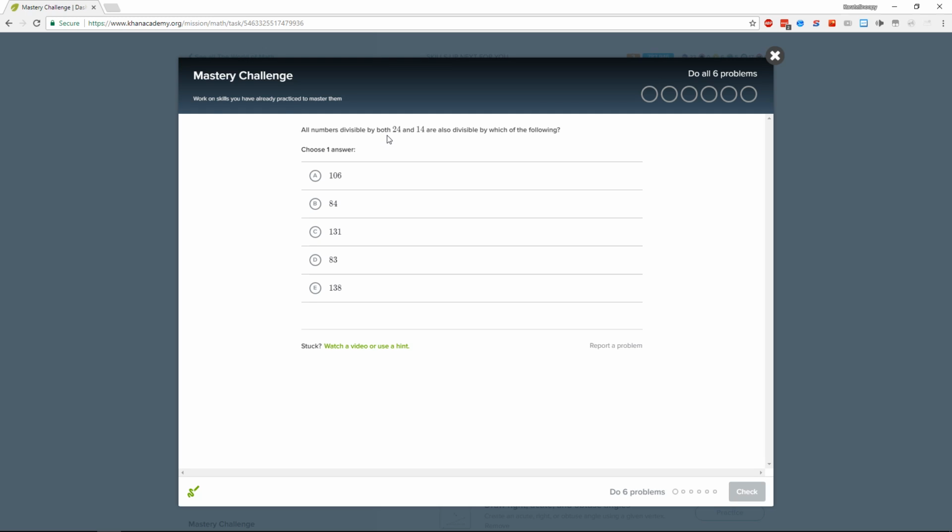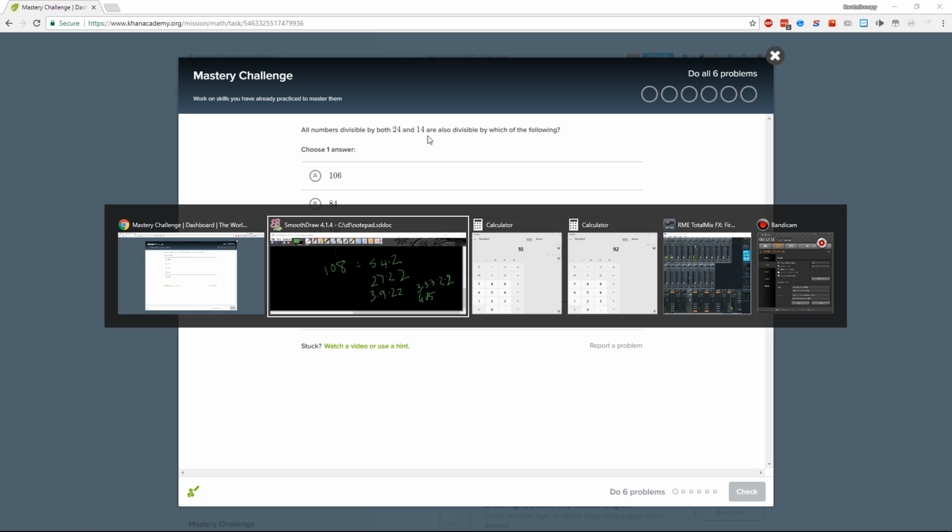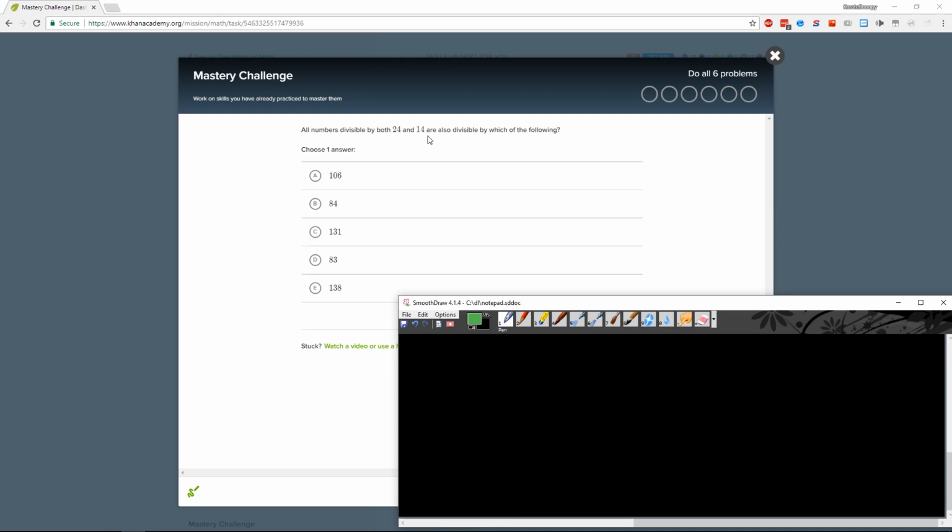All numbers divisible by both these two are also divisible by what? Let's try this crazy math again. So 2 times 12, which is 2 times 6, and 6 is 2 times 3. So that's 6, that's 12.